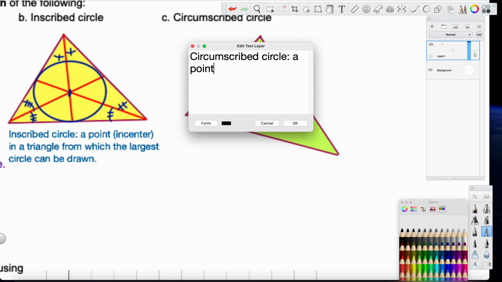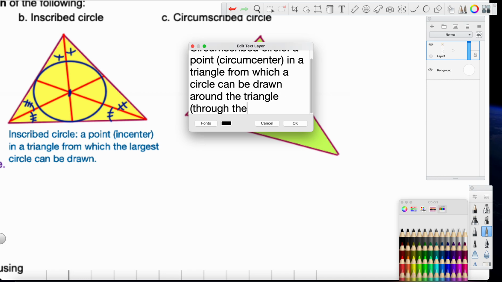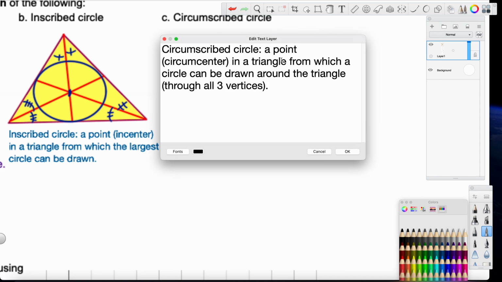So a point, and this is the circumcenter, in a triangle from which a circle can be drawn around the triangle, which goes through all three vertices. Let's put it that way.